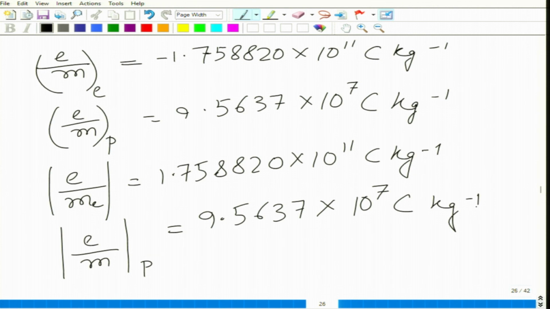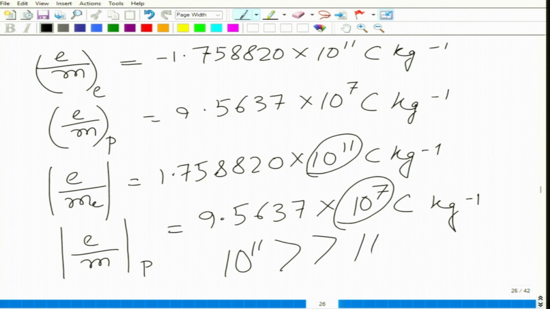What did we see? If we compare these two values, this is 10 to the power of 11 and this is 10 to the power of 7. So basically 10 to the power of 11 is very large as compared to 10 to the power of 7. It is almost 10 raised to 4 times larger.